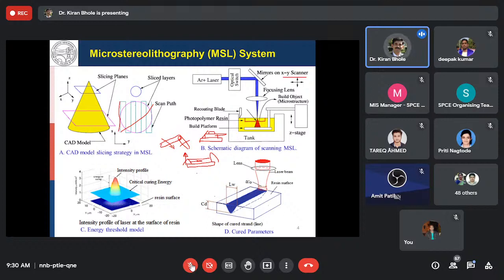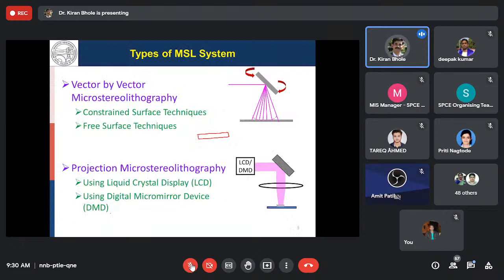Similar to the projector which we use while teaching, the same kind of projector can be used, maybe a DMD or LCD type, but principally it is the same. The entire 2D layer is projected onto the resin surface, and in one exposure, the entire 2D surface gets cured.